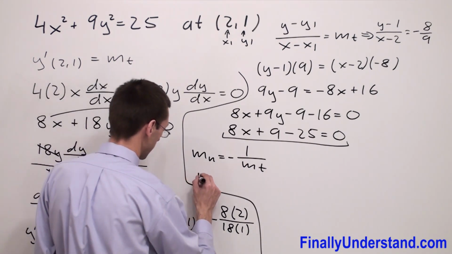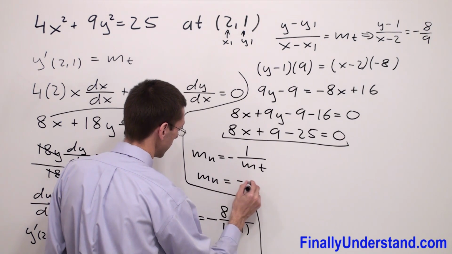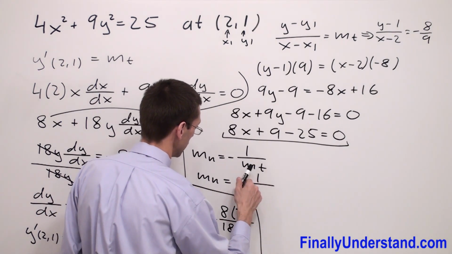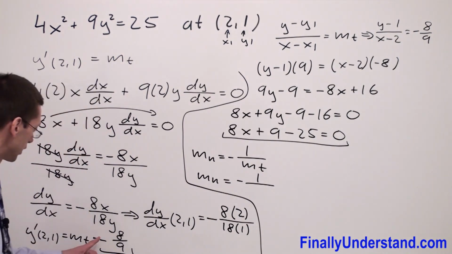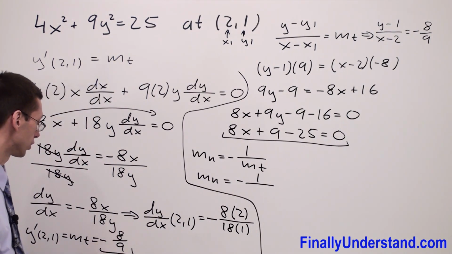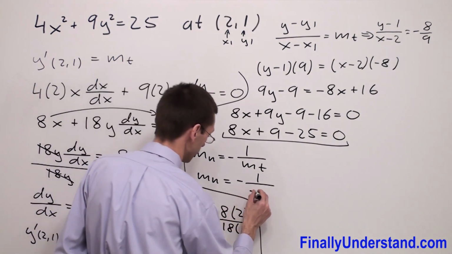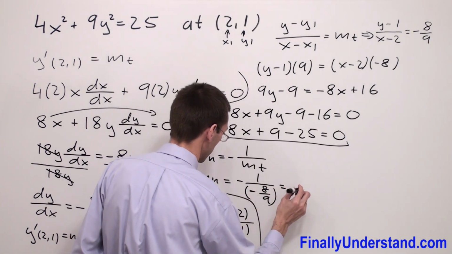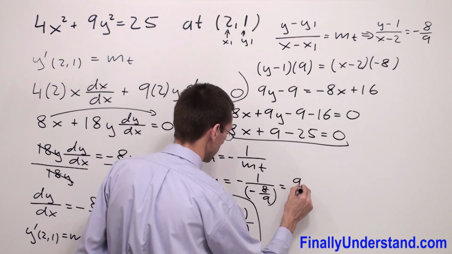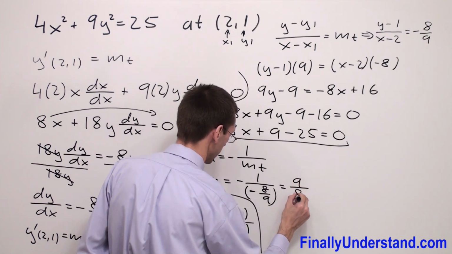And I have mn is equal to negative 1 over mt, where mt is equal to negative 8 over 9. So I have negative 1 over negative 8 over 9, which is equal to positive 9 over 8.